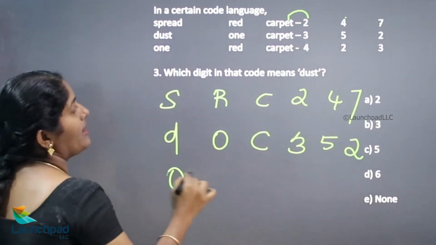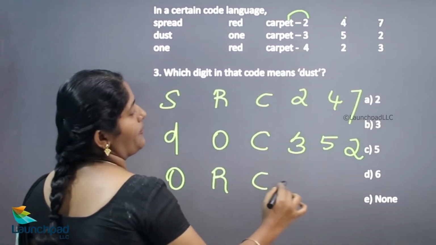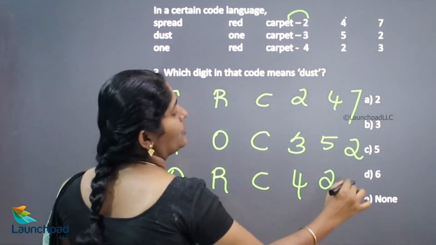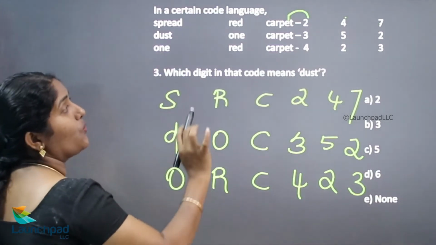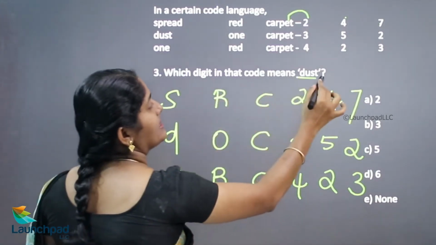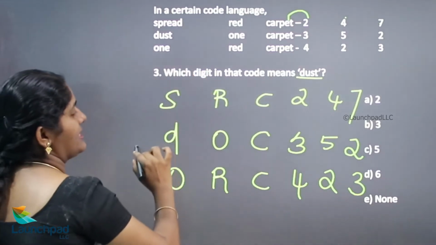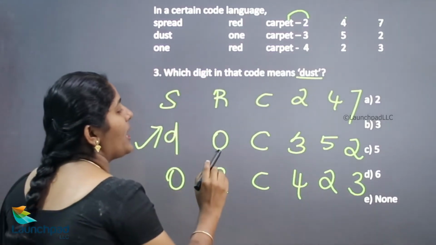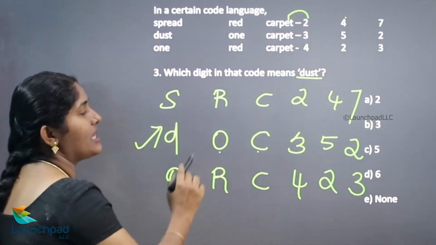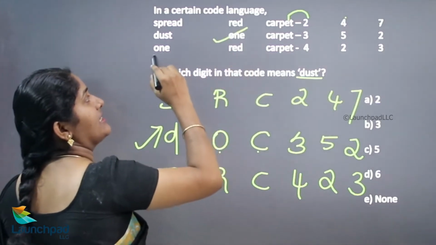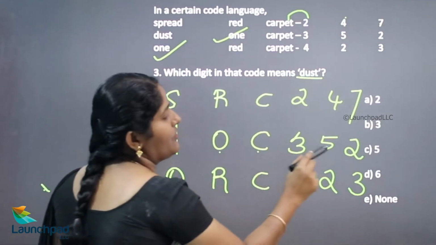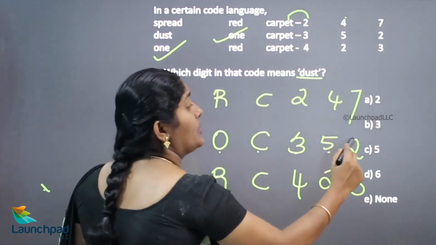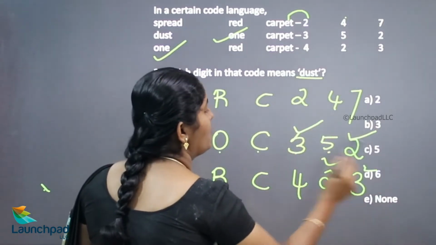After that, "1 red carpet" is 4, 2, 3. Now, what is the code for "dust"? "Dust" is available in the second sentence. Now "1" is available in the second and third sentences. What is the common number in the second and third sentences? 3, 5, 2 and 4, 2, 3. There are two numbers common.